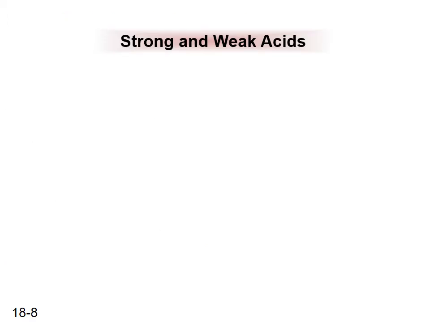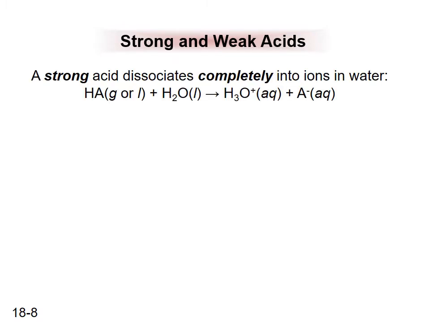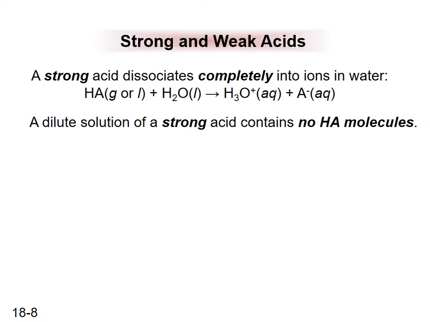What is a strong acid? Since an acid is defined as a substance that can donate hydrogen ion, or hydronium ion in water, a strong acid must be able to dissociate completely into ions in water. For example, hydrogen chloride dissociates into hydrogen ion and chloride ion.